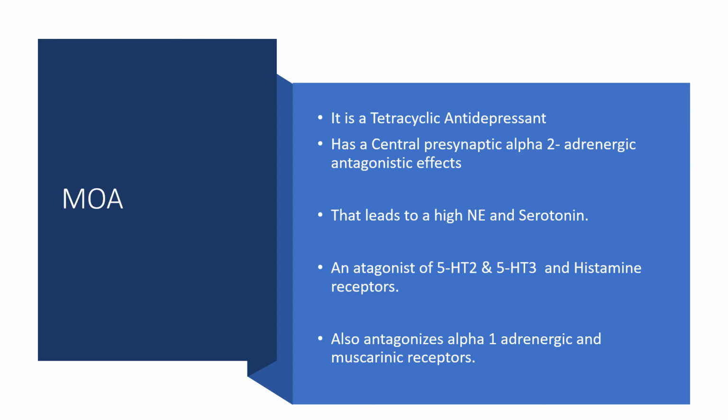It has an antagonistic effect on H2 and H3 histamine receptors. That's pretty good, right? It also antagonizes alpha-1 adrenergic and muscarinic receptors. So mirtazapine is a very good medication with broad spectrum.